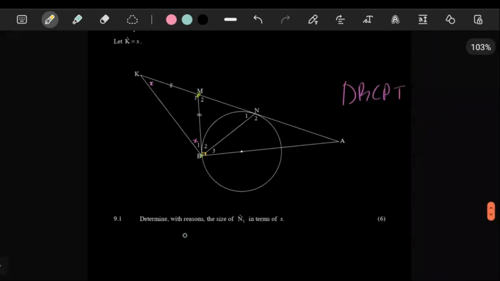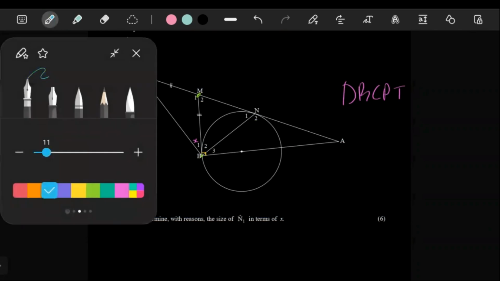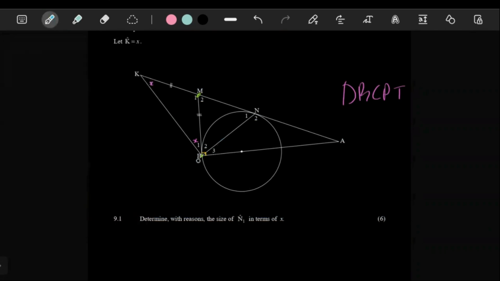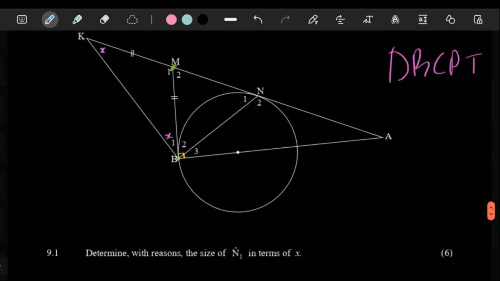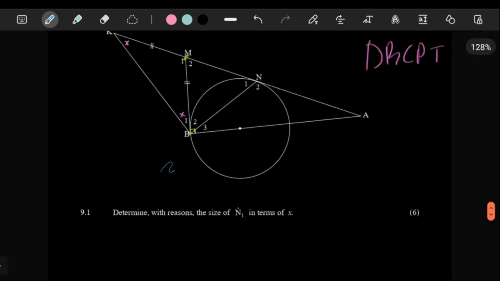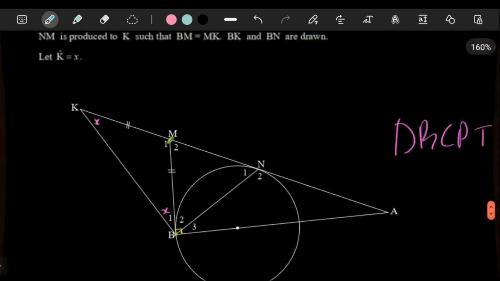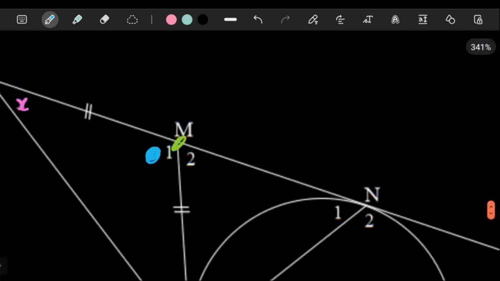So for a whole 6 marks, they say determine with reasons the size of N1 in terms of x. So if you're going to determine N1 in terms of x, the best you can do is to make sure that you get as much of your sketch written out in terms of x also. Firstly, as we said, this is x, because you're going to need it, most probably. And then also here, this can be written in terms of x.